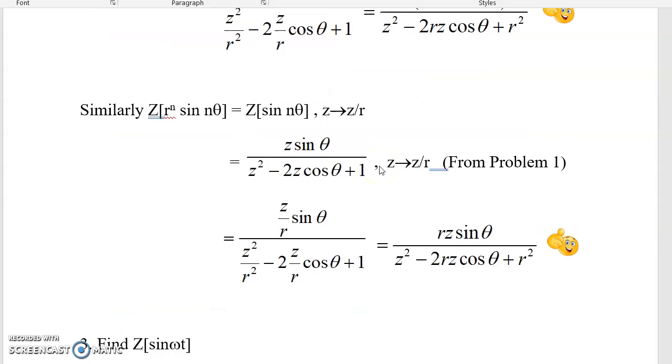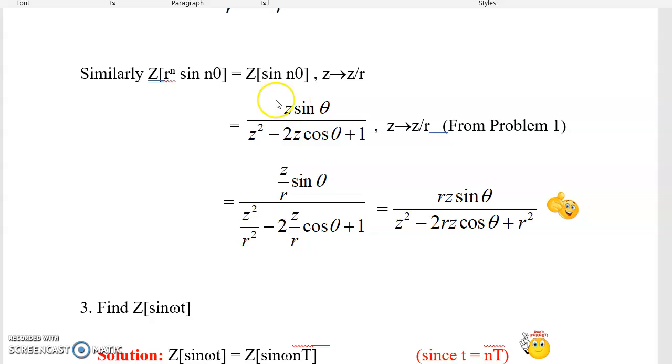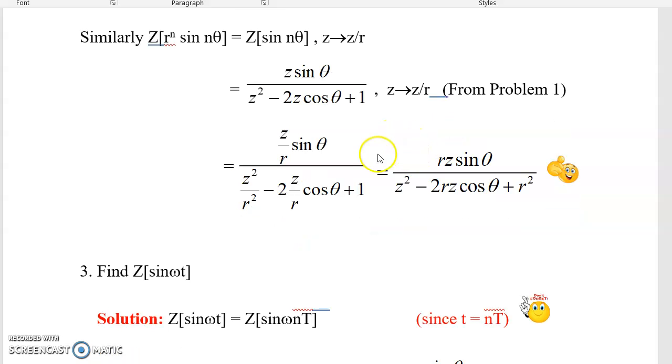So let us substitute that answer here. And we have to apply z tends to z by r. So this limit alone we have to apply now. Z goes to z by r. So all the z terms we have changed to z by r. And simple simplification will give you this result.